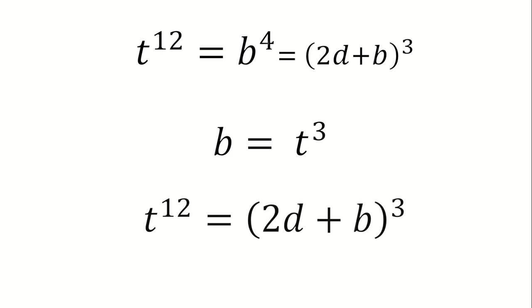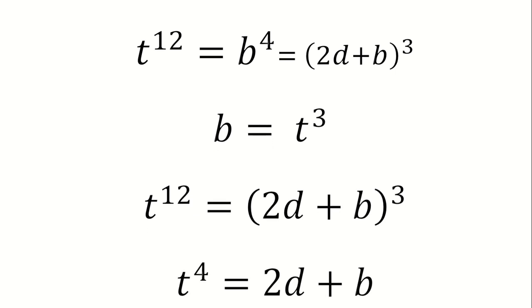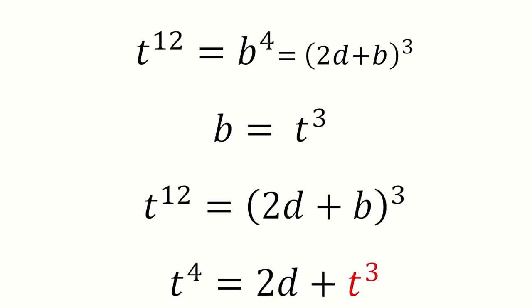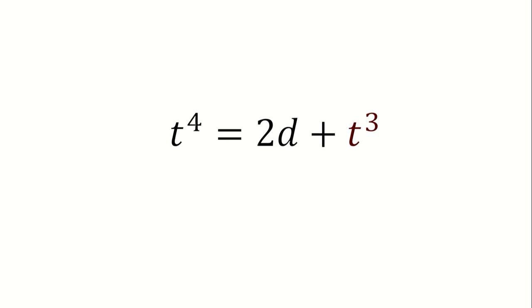And we know that t to the power of 12 is equal to (2d + b), all of them cubed. So we can conclude that t to the power of 4 is equal to 2d + b. And we already know that b is equal to t to the power of 3. So t to the power of 4 is equal to 2d + t to the power of 3. And we can get the d parameter from here.